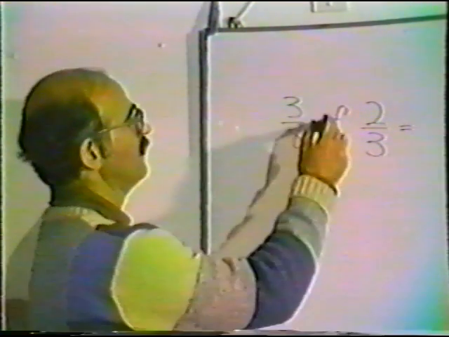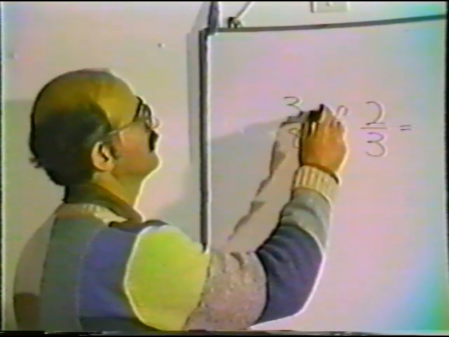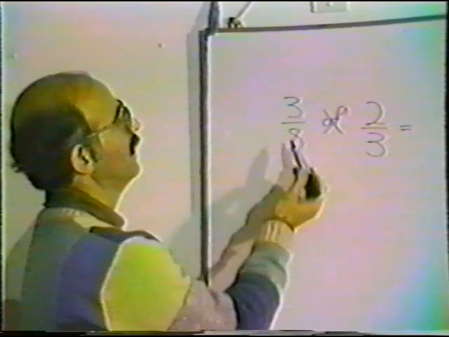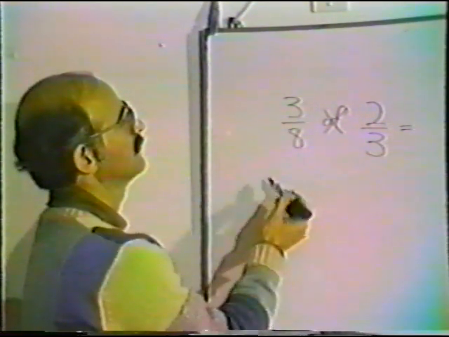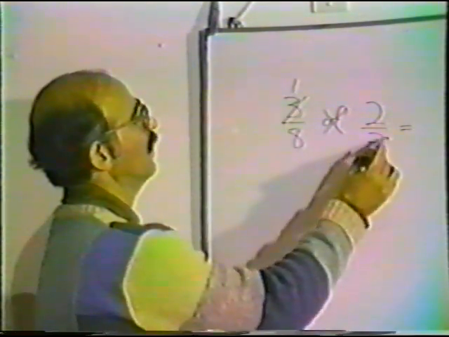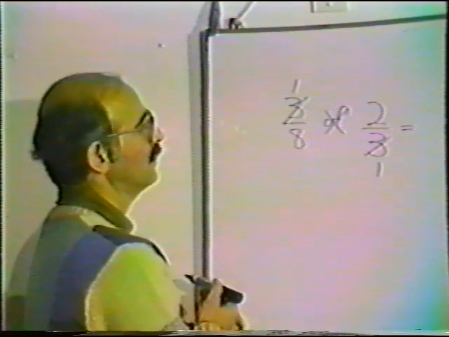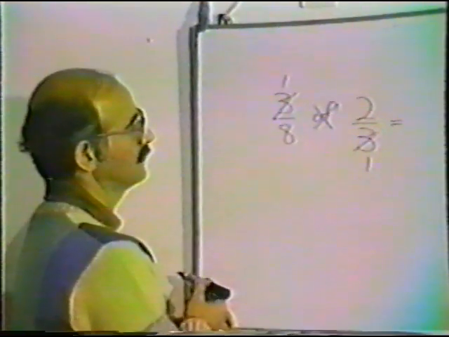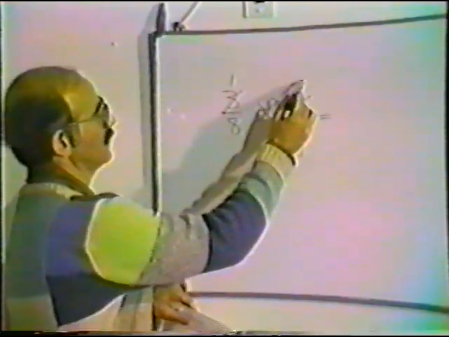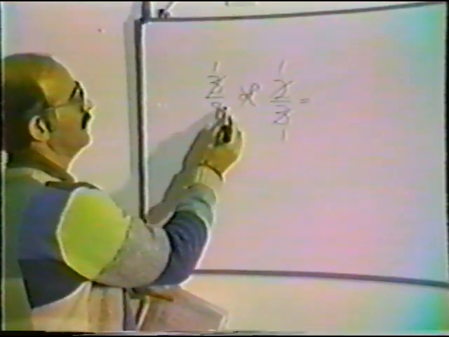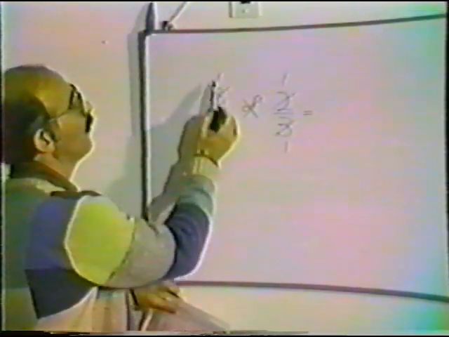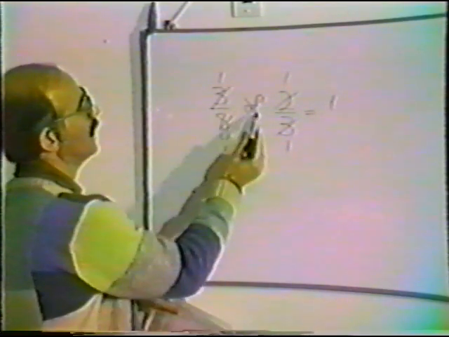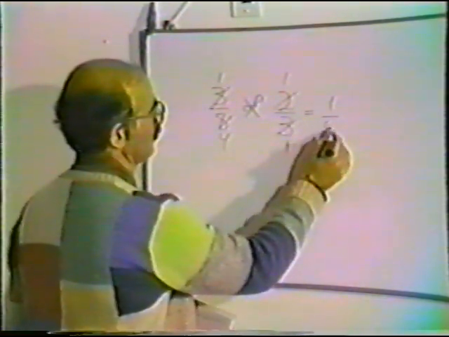Well, of means what? Multiply. Can I cancel the 3 and the 3? Yes. We get 1s. Can I cancel the 2 and the 8? Yes. And hit them with what? 2. 2 into 2 goes 1. 2 into 8 goes 4. 1 times 1 is 1. 4 times 1 is 4.